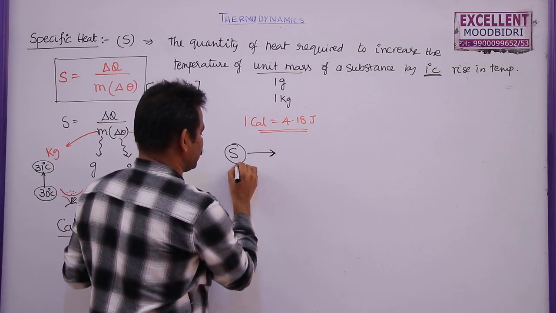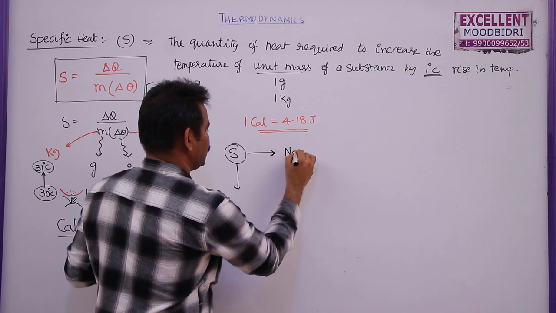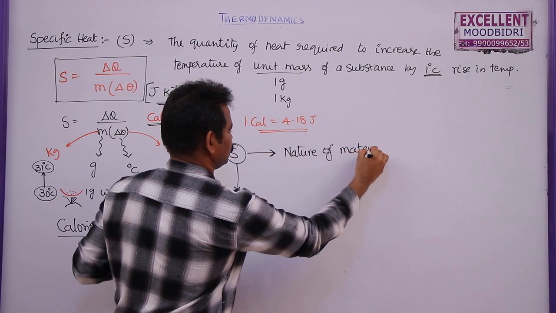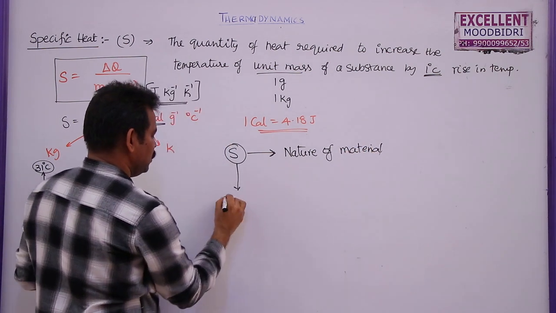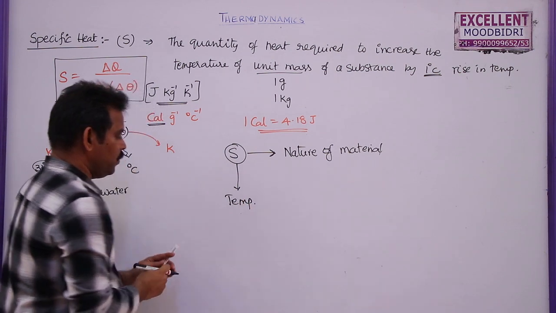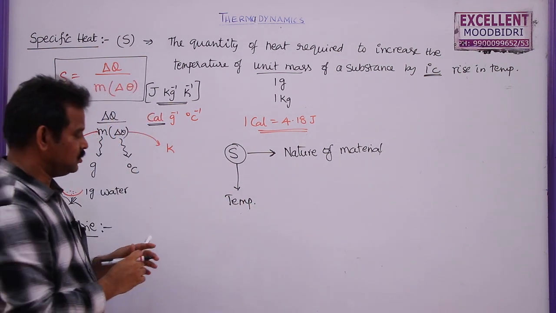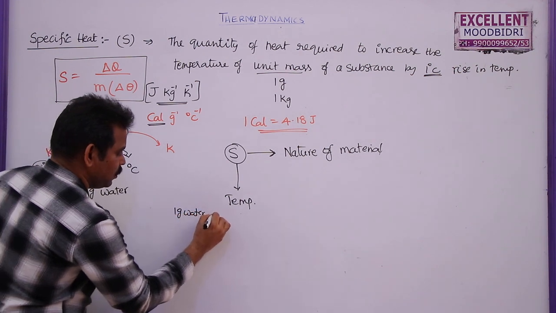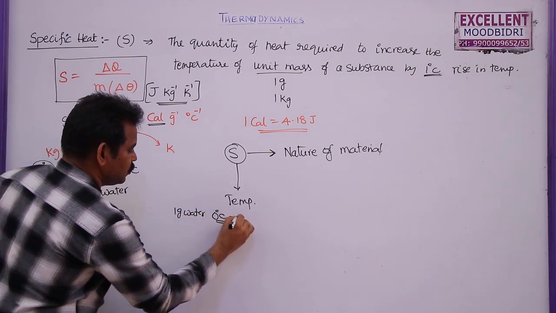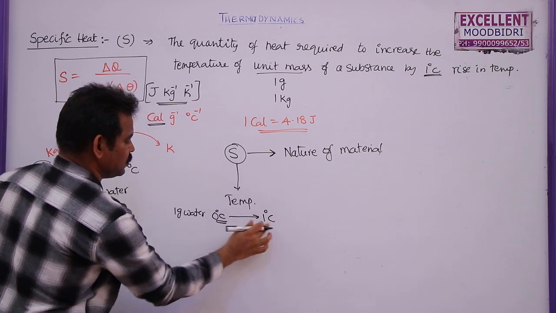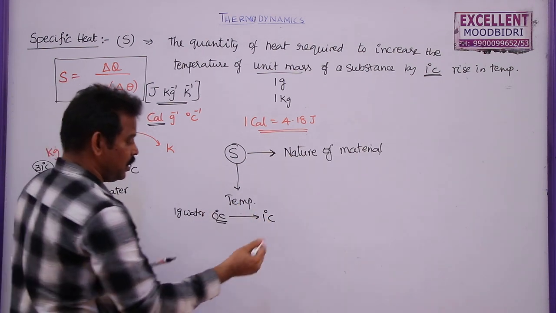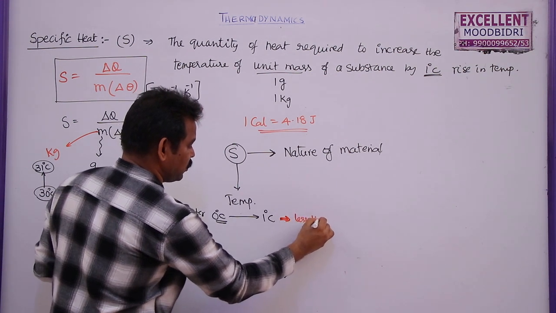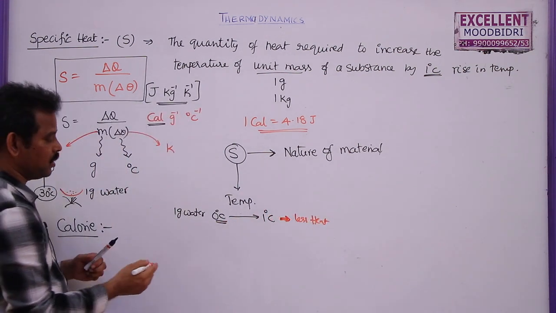So it depends on two factors here. One is the nature of the material. Second one, the temperature of the body. Whenever temperature changes, specific heat changes. Generally, if you take 1 gram of water at 0 degree centigrade, to increase its temperature by 1 degree, we need to supply slightly less than 1 calorie of heat.